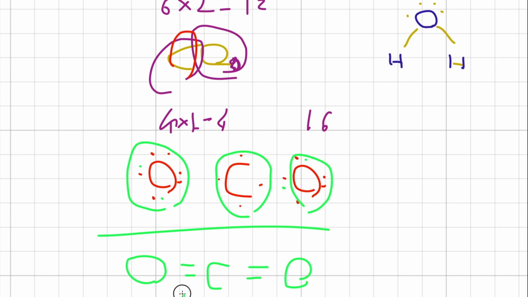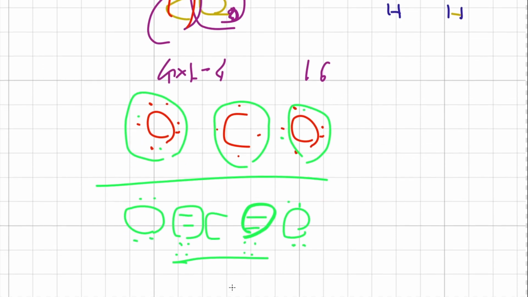So now each of these lines represents two dots, or 2 electrons, right? So now we have enough. Now we can quickly count our octets. So this is 2, 4, 6, 8, and 2, 4, 6, 8. And carbon has all its electrons, because here's 4 and here's 4, so 4 plus 4 is 8.